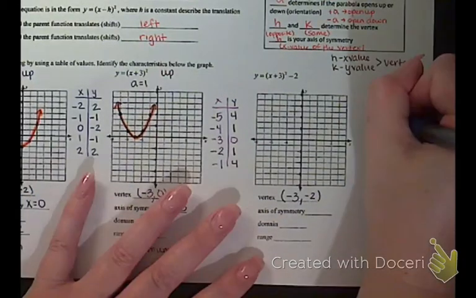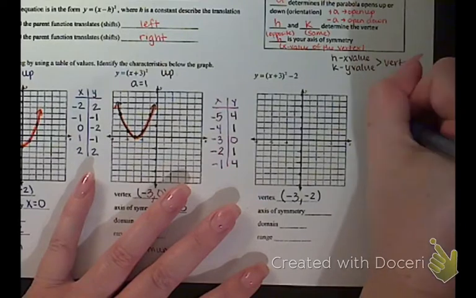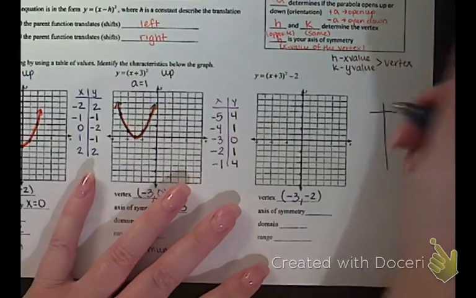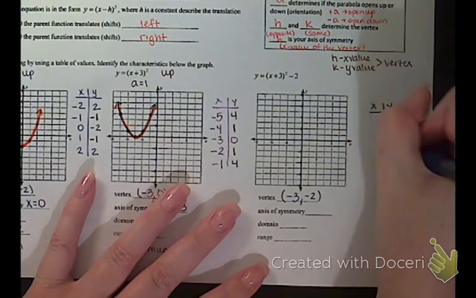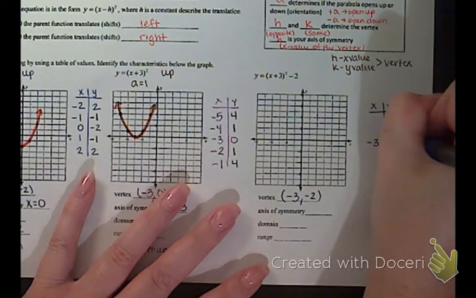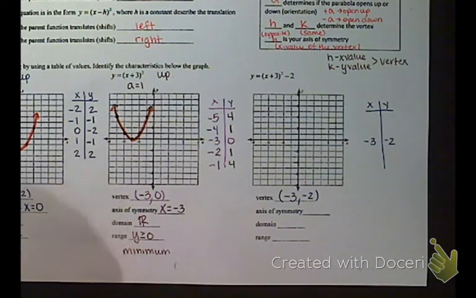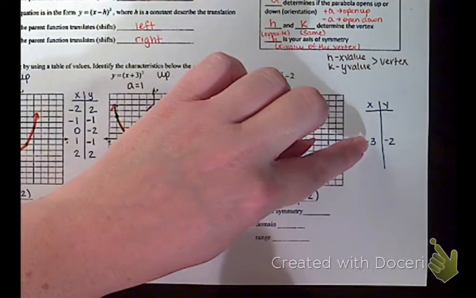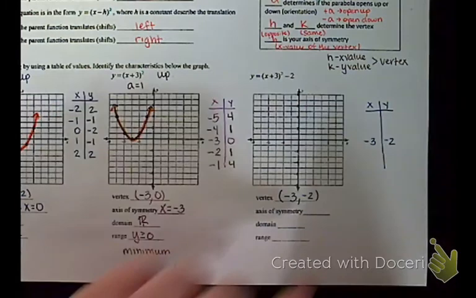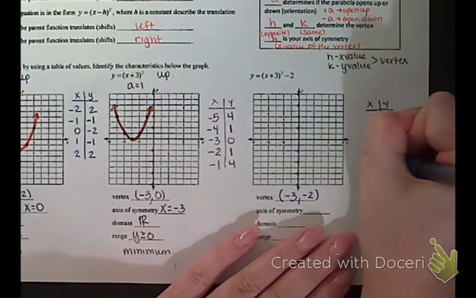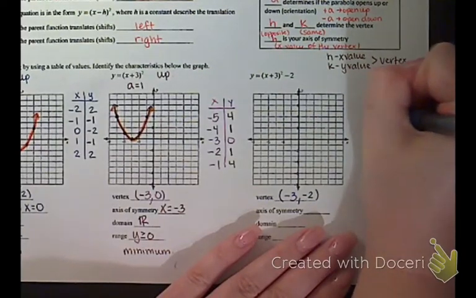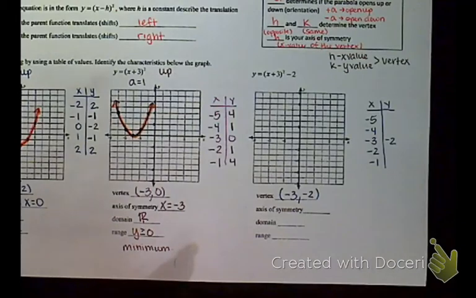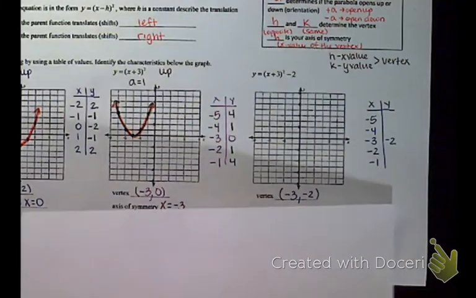So my vertex is at (-3, -2), and I'm going to place that directly in the middle of my table. Now again, I want to find two numbers that are smaller than -3 and two numbers greater than -3. So -2, -1, -4, -5. And I really only have to plug in two of them.